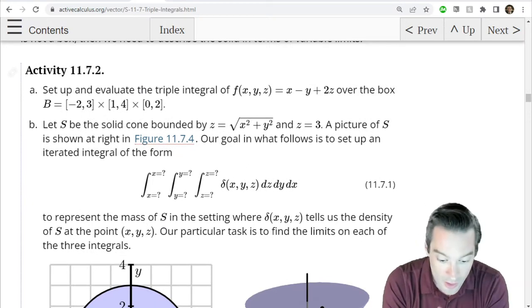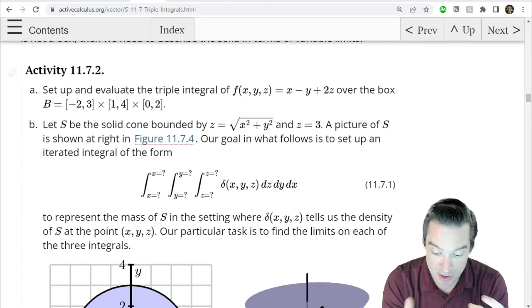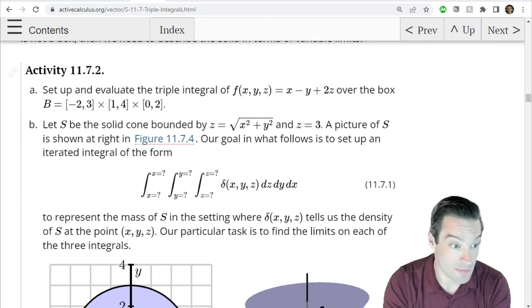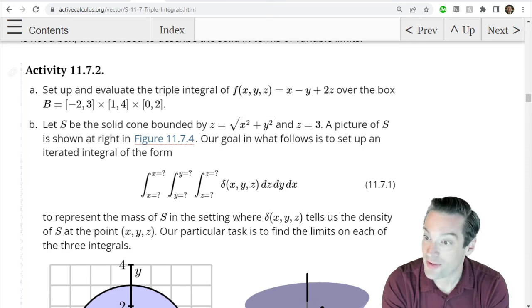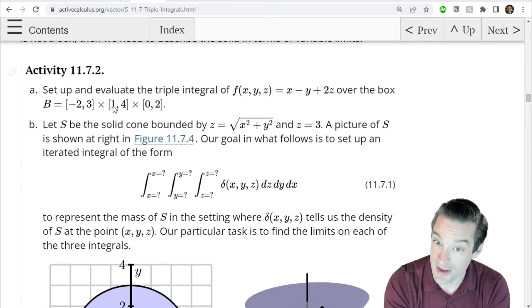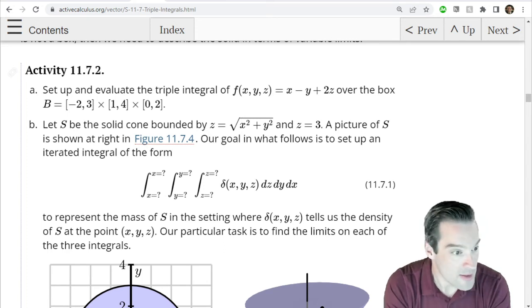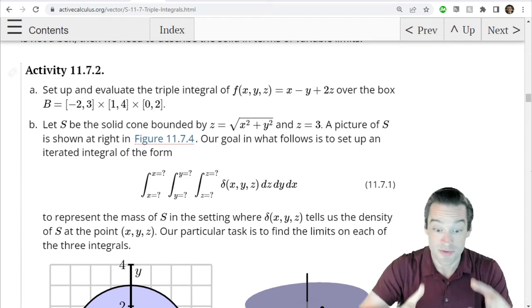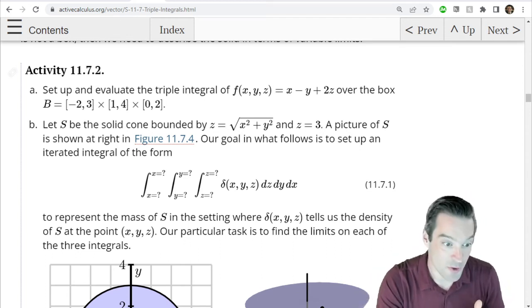So one of the differences with triple integrals is that if we're using even just rectangular coordinates on xyz space, and I have constant bounds on one of my coordinates, like let's say I choose x ranges from -2 to +3, as in the setup of this first part of the activity, setting x equal to a constant in xy space gives us a vertical line, but in xyz space it gives us a vertical plane.